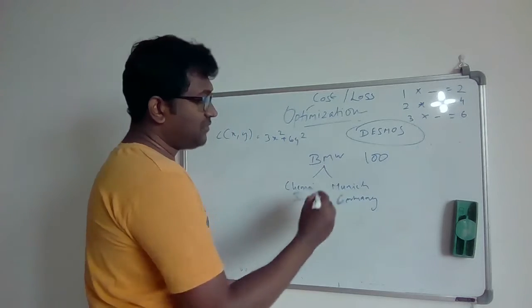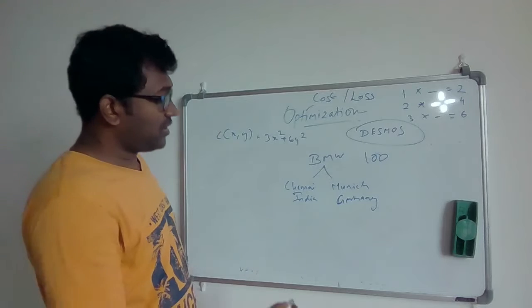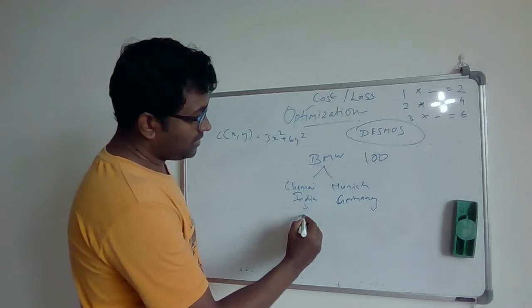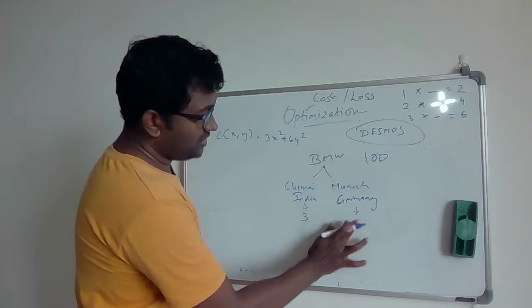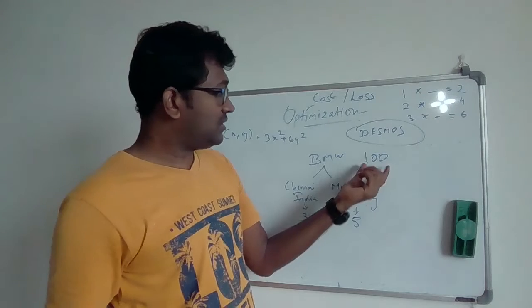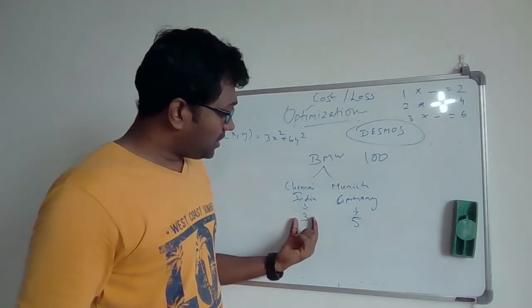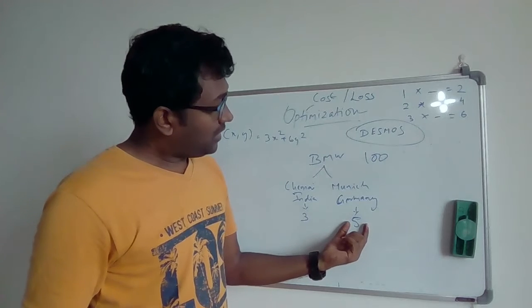They want to manufacture two different types of cars. The first could be the 3 series, and here they are producing the 5 series. There is a demand for 100 cars, and they have two manufacturing plants. One is in Chennai, which manufactures the 3 series.